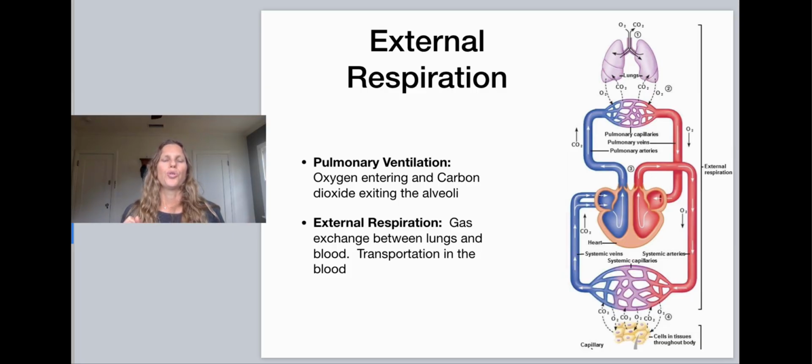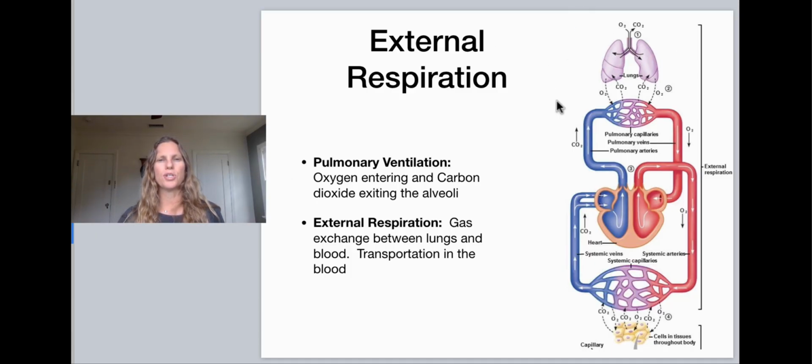The term pulmonary ventilation is the term that we use for the ability for oxygen to enter and go all the way down into the alveoli and then exit the alveoli, and carbon dioxide to do the opposite.